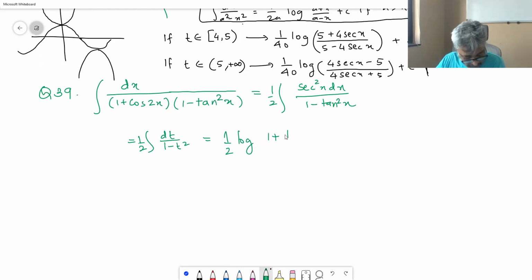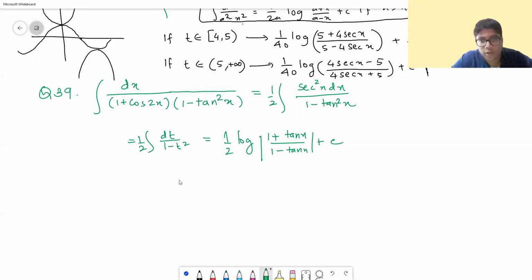1 plus tan x upon 1 minus tan x plus c. What is the other method? Maybe that is better or safe. What do we do? For sec square x, we take in the denominator as cos square x. And then the denominator becomes cos square x minus sin square x, which is cos 2x.